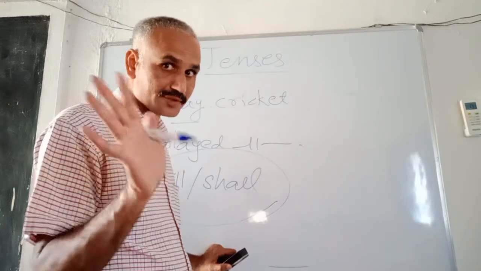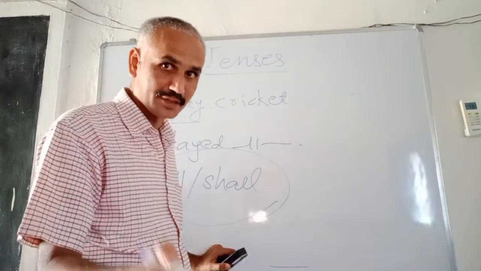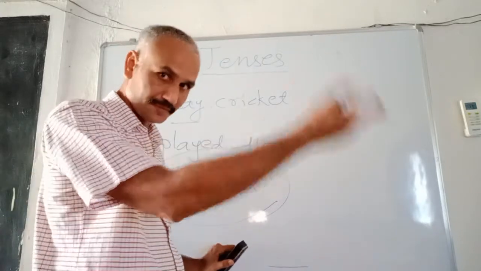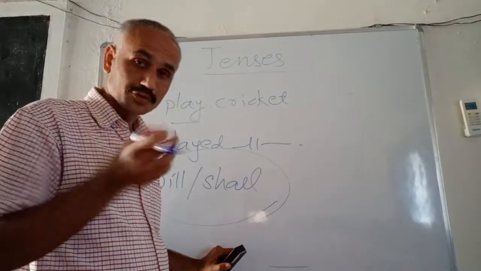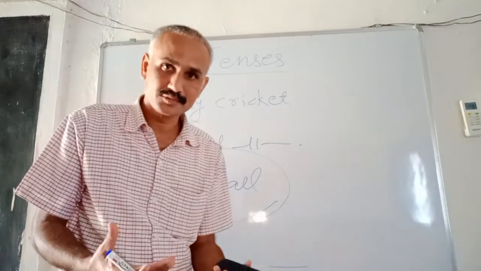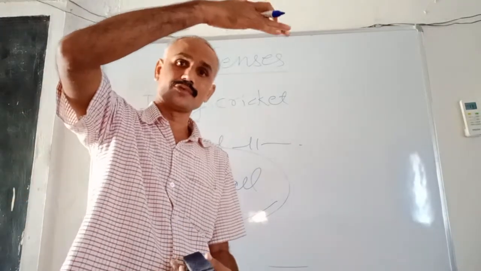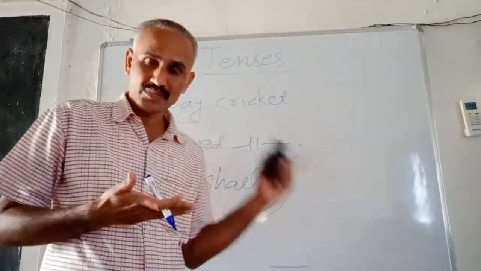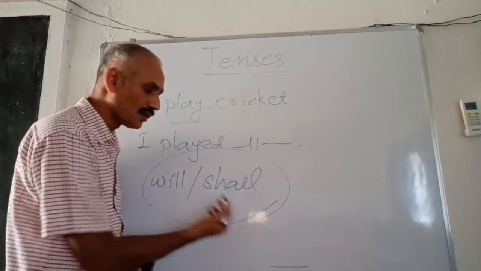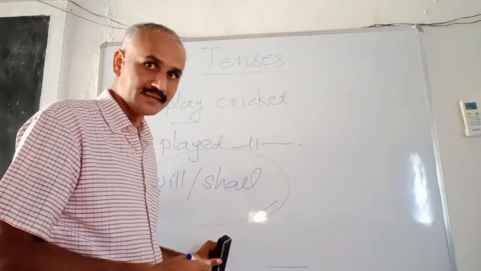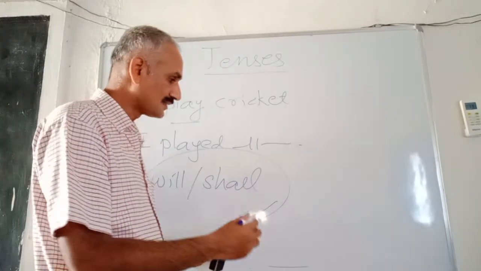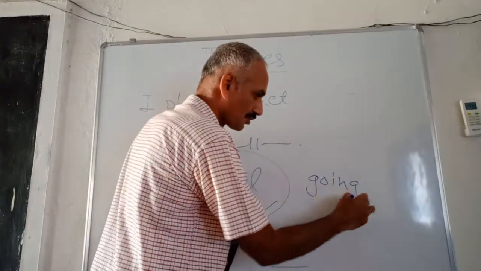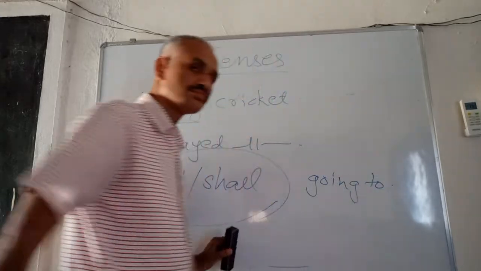Now try to understand. I am not denying that future tense wasn't there. It was there. We have to locate the time which is yet to come, which is future. So we have to use something to show the time which is yet to come. So we use this will or shall, or one more way was there, that is going to.